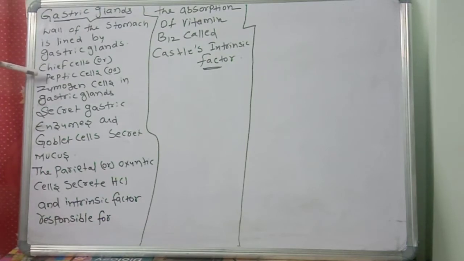Chief cells, peptic cells or zymogen cells, all names for the same cells, secrete the gastric enzymes, and goblet cells secrete the mucus. The parietal or oxyntic cell secretes HCl.